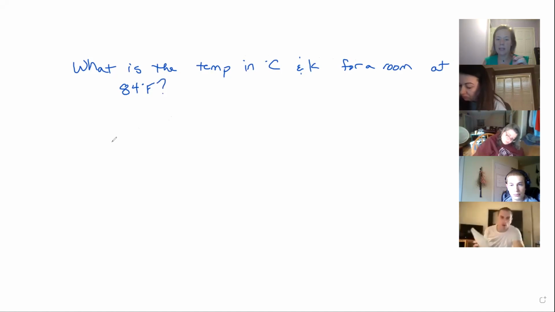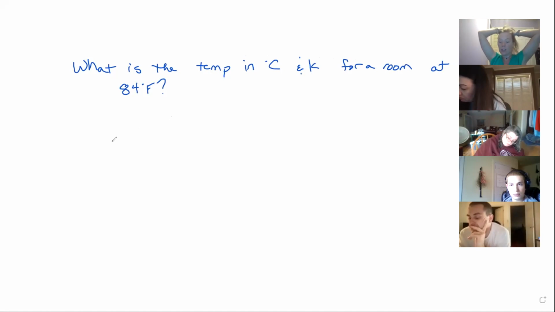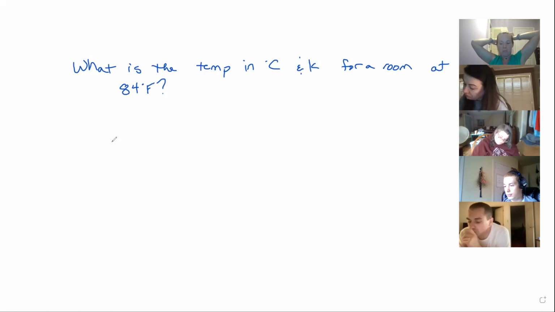Okay, so what is the temp in Celsius and Kelvin for a room at 84 degrees Fahrenheit? Now, again, there's not really a nifty way to go from Fahrenheit to Kelvin. So go from Fahrenheit to Celsius first. And then once you've done that, you can do the shift to Kelvin. I'll give you guys 2.5 minutes for that one.